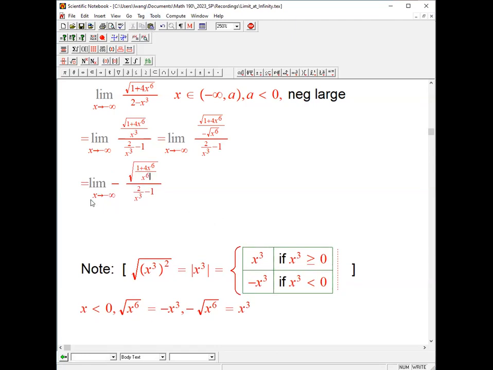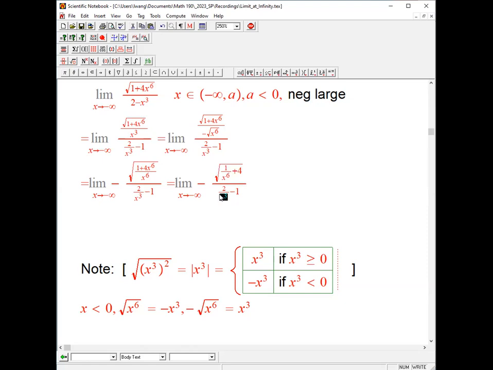And nothing needs to be changed in the bottom. So now we have this negative sign safely there, and then x to the power 6 divided into x to the power 6 is 1, and 4x to the power 6 divided by x to the power 6, sorry, it's going to be 4.